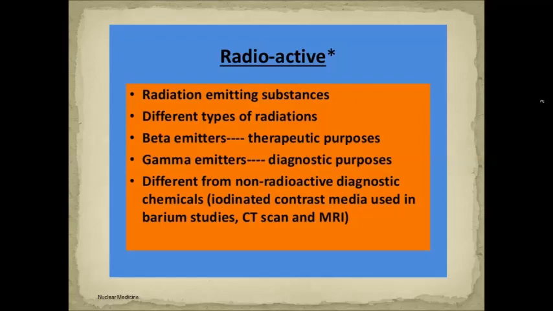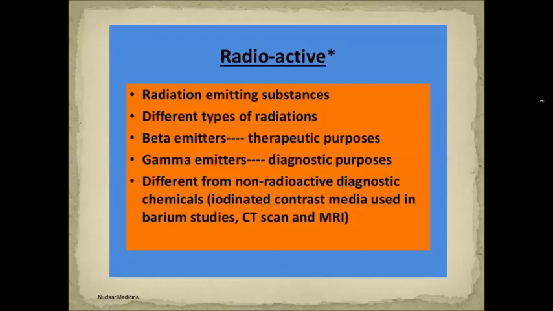Usually beta emitters are used for therapeutic purposes and gamma emitters for diagnostic procedures. It depends on the difference in penetration power of gamma and beta rays in the human body.